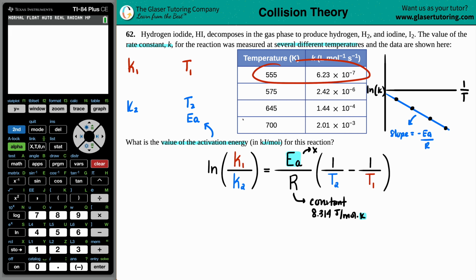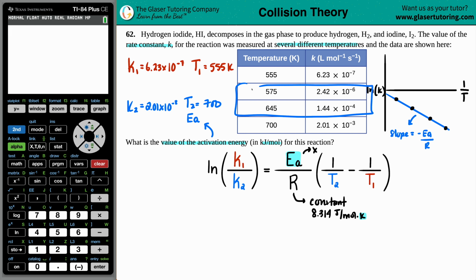So the first plot, we'll say those are k1 and T1. So my k1 will be 6.23 times 10 to the negative 7th with the T1 of 555 Kelvin. And my k2 will be the one all the way at the bottom, 2.01 times 10 to the negative 3rd, and the T2 will be 700. If you want, you could take these 2 values as your k1 and T1 and see if your answer is the same as mine.